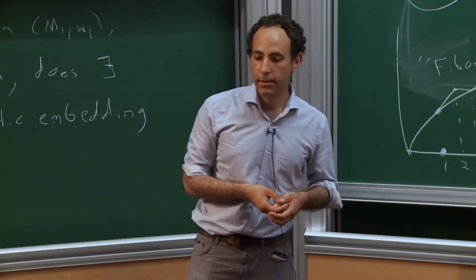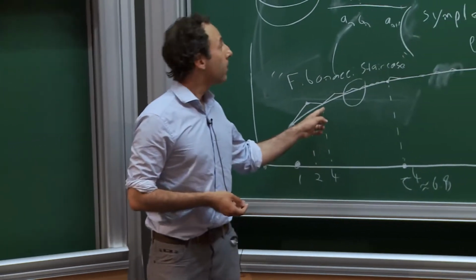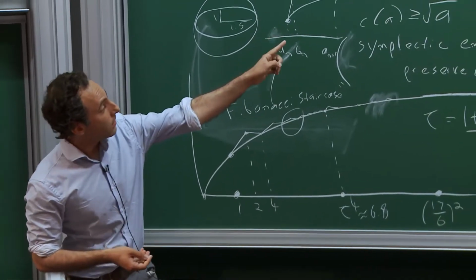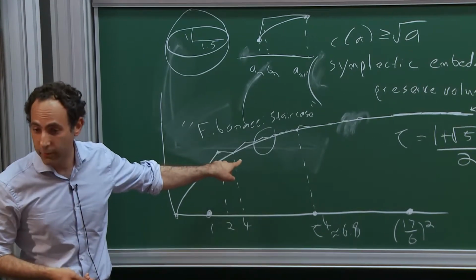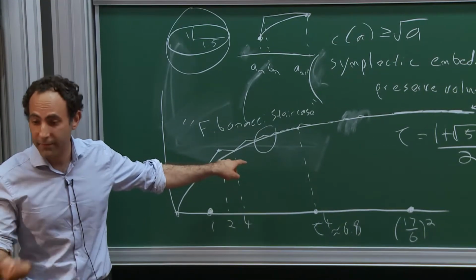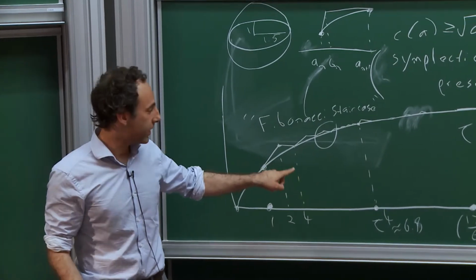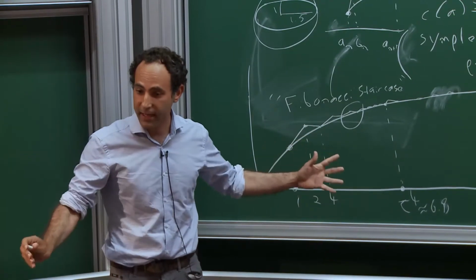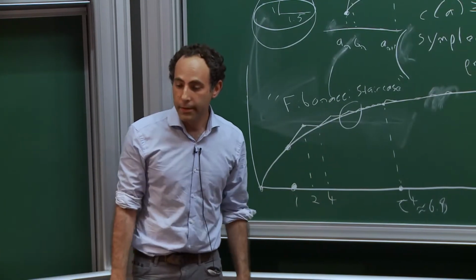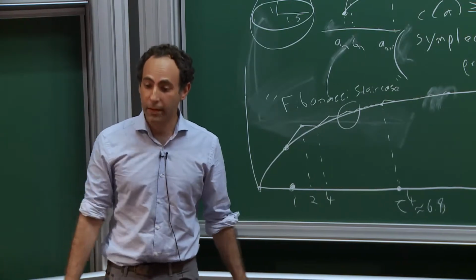But for example, at 4, technically this is saying that you can't find an embedding of a closed E(1,4) into a closed B(2). You can find an embedding of an open E(1,4) into an open B(2). But this is saying that you can find an embedding of a closed E(1,4) into B(2+epsilon) for any epsilon. But then you can prove that the open one embeds.